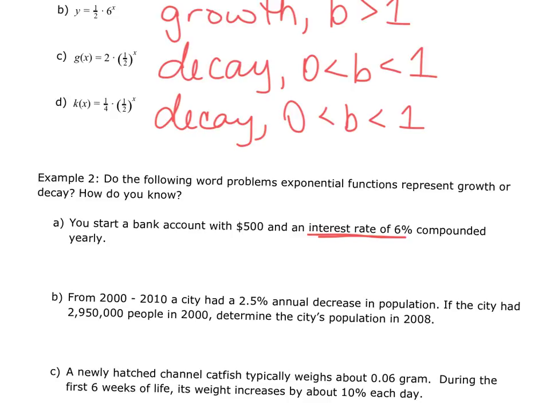So every year they reevaluate how much money they're going to give you. 6% of 500 the first year, and then the next year you get 6% of the 500 plus what you got last year. And the year after that you get the 6% of the 500 from the first year plus what you had last year plus this year. Does that make sense? Kind of neat, right? So every year they're going to pay you more. So are we growing our money or decaying our money? Grow.